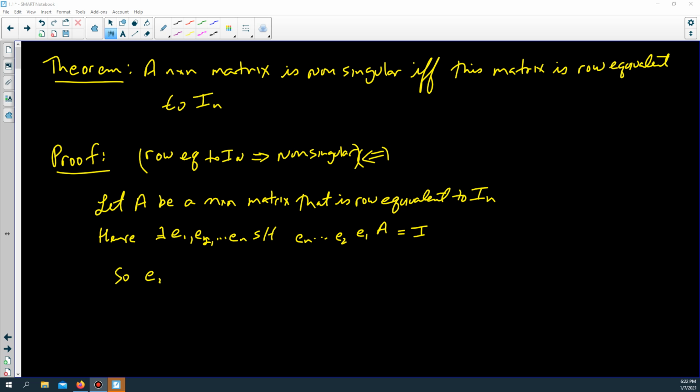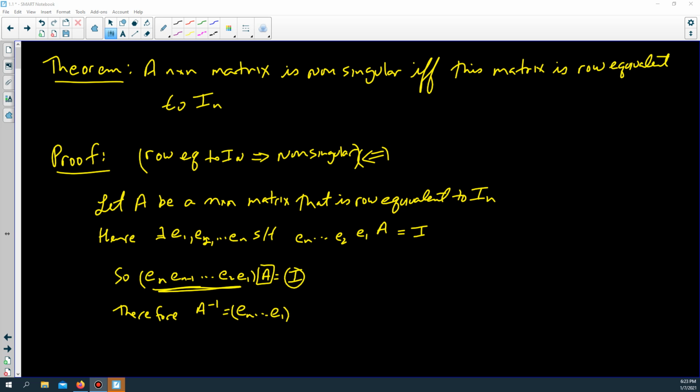So En minus 1 all the way down to E2, E1 times A is equal to the identity. Therefore, the inverse of A, that is, whatever you multiply this by to get the identity, namely this, is the inverse of A. Okay, and we're done.